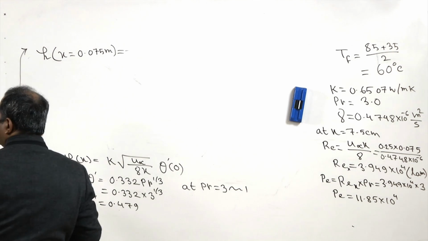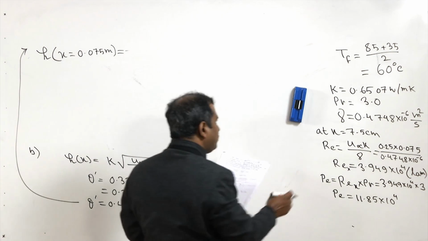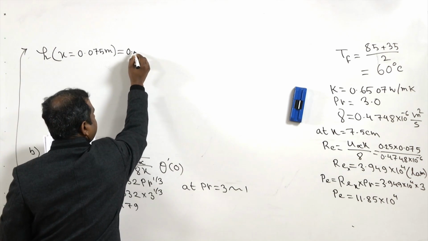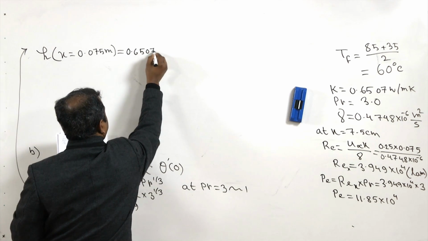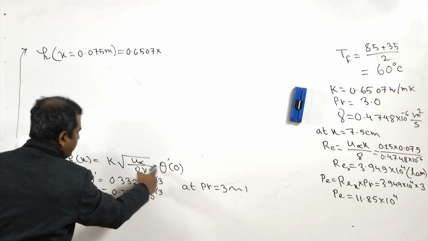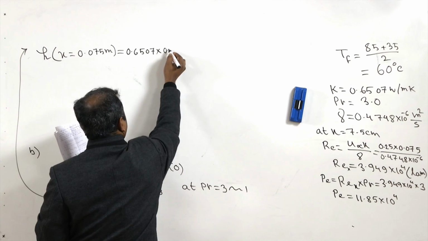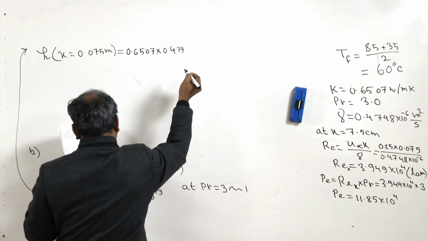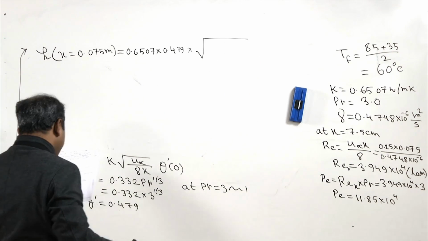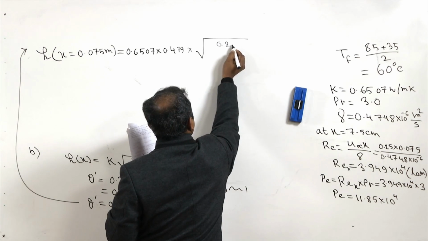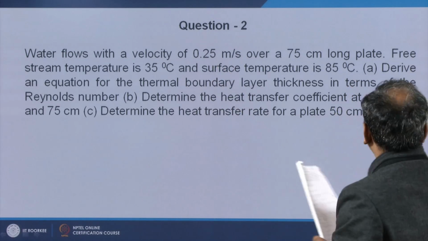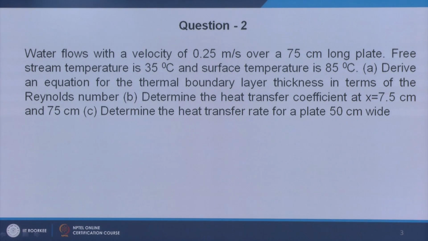The value of k we have found out as 0.6507, multiplied by 0.479, the value of theta dash, and then multiplied by root over of u infinity, whose value is 0.25 meter per second as given in the sum, divided by nu into x.